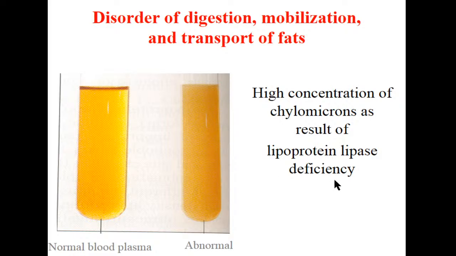Normally this can be observed as a milky view of lymph and blood serum after uptake of food due to the formation of chylomicrons.